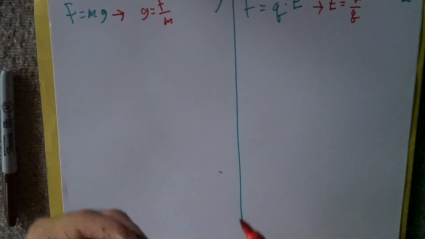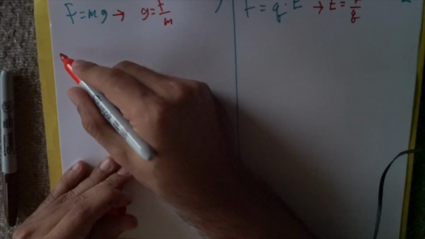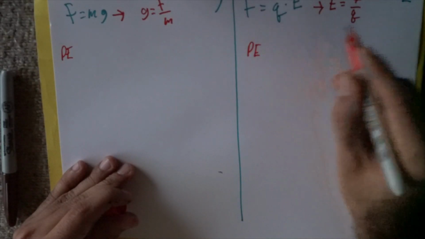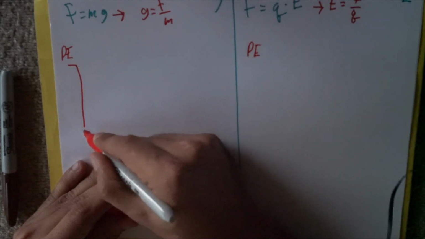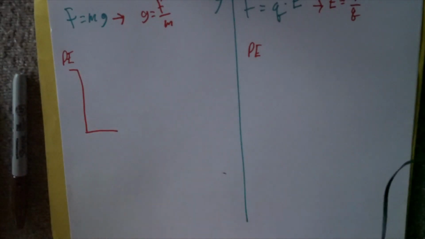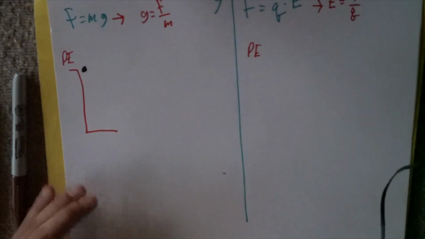So let me show you again, just a quick rundown of what we've seen before. The potential energy, I'll just call it PE due to gravity, and PE in the electric side. So again, we usually have some mountain, right? Some cliff, and we have some object right here.